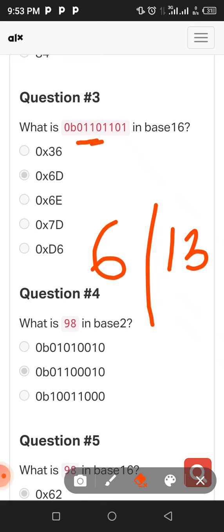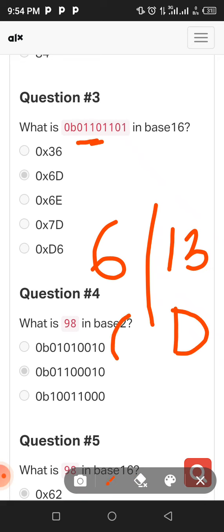A. So 10 stands for A, 11 stands for what? B, 12 stands for C, then 13 stands for D. So invariably, 13 will be what? D. So we're just going to put D there, then we're going to put 6 here. So you can see that.